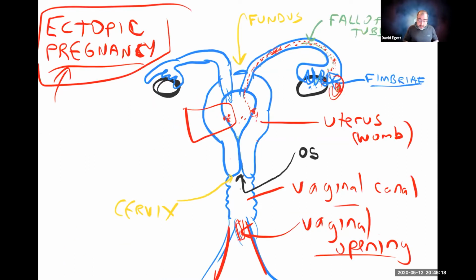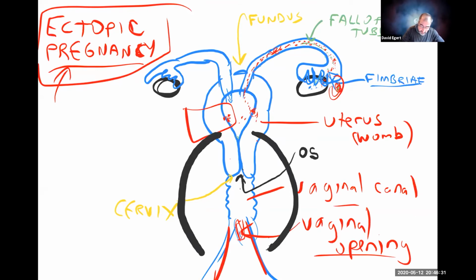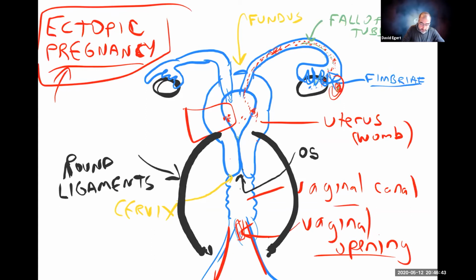If you look at the uterus, it has these ligaments to support it, and I'll talk a little more about these. Coming off of the uterus are the round ligaments. They go from the uterus, through the inguinal canal, and they anchor in the labia majora.